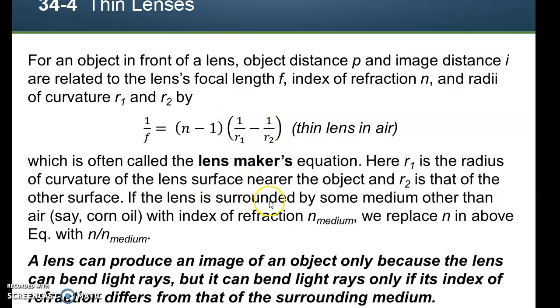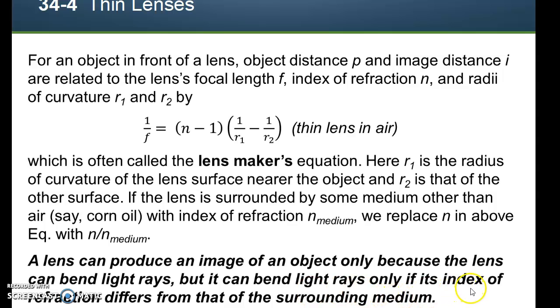If the lens is surrounded in some medium other than air, say corn oil, with an index of refraction, we replace n with n over n medium. The lens can produce an image of an object only because the lens can bend light rays, but it can bend light rays only if the index of refraction differs from that of the surrounding medium.